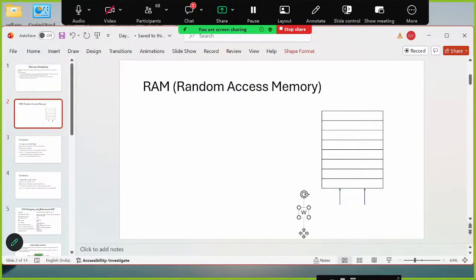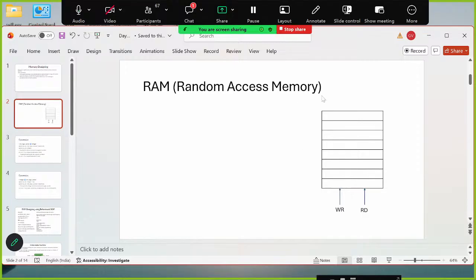So one is the write signal and another is the read signal, so that we can write the data whenever it is required and read the data whenever it is required.